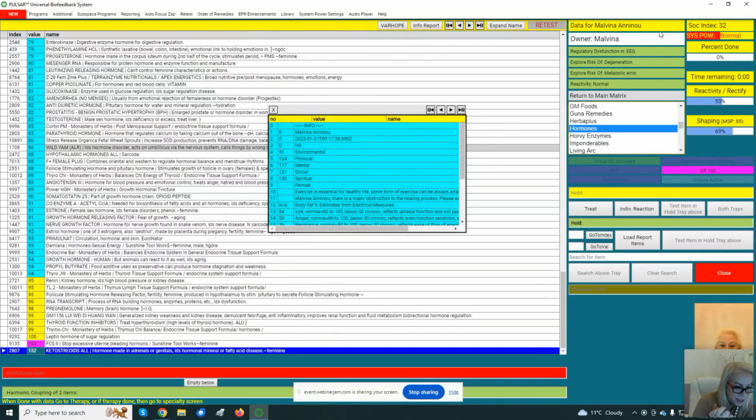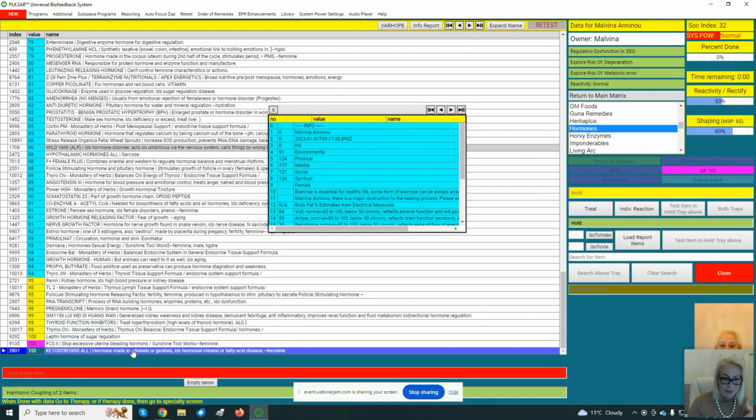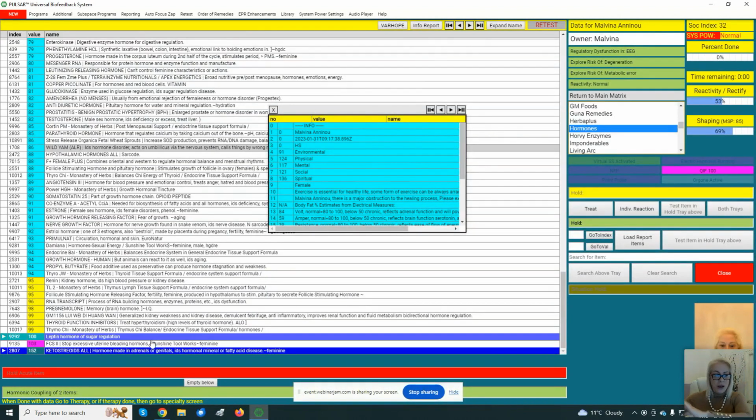For me, let's see. Ketosteroids made in adrenal glands. So again, the steroids here is referring to cortisol levels. So apparently 152, cortisol levels high. Now, I don't have bleeding or uterine issues and hormones, but something's going on there. It can be due to menopause, whatever. Okay. Leptin hormones for the sugar regulation.